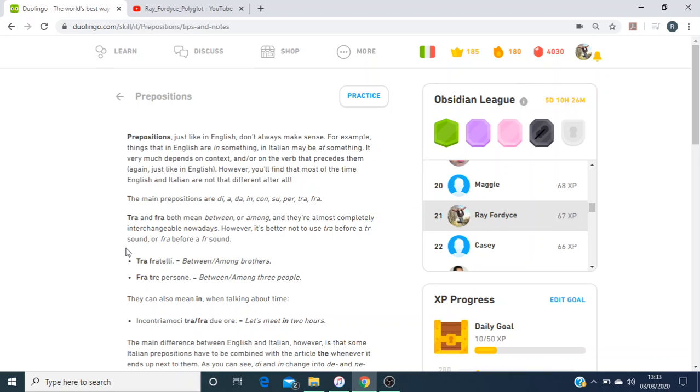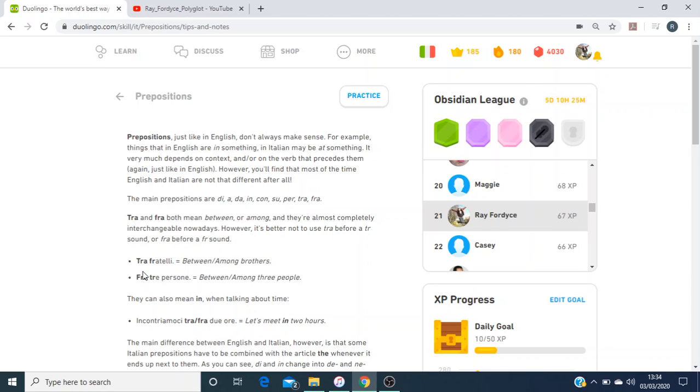Tra and fra both mean between or amongst, and they're almost completely interchangeable nowadays. However, it's better not to use tra before a tr sound or fra before a fr sound.